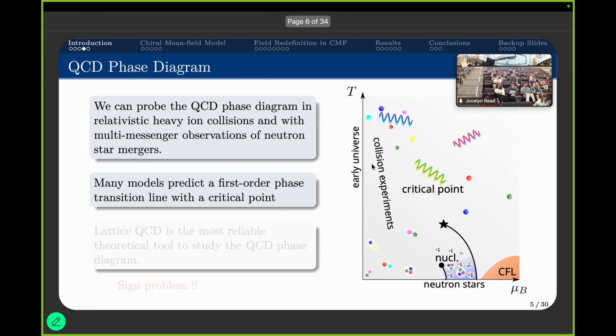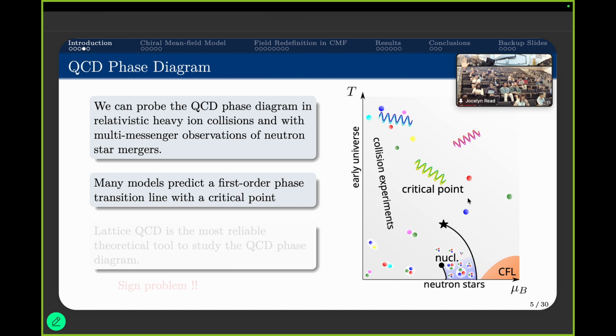So what about the QCD phase diagram? We previously discussed it, and in this slide we will discuss more of its various features. In the QCD phase diagram, we represent the area in temperature and baryon chemical potential where strong interaction prevails. We can probe it in relativistic heavy ion collisions, for example in this area, as well as with multi-messenger observation of neutron star mergers, where we can probe in this area.